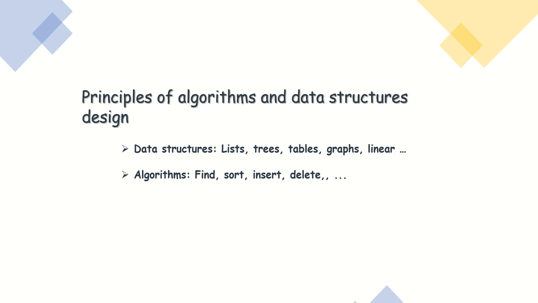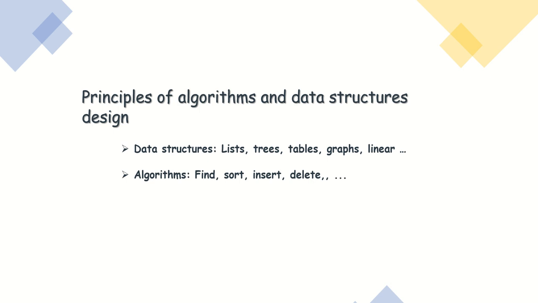Algorithms are steps to get a response to any questions you need on this data structure. For example, we want to find some element inside the list. We want to sort these tables.